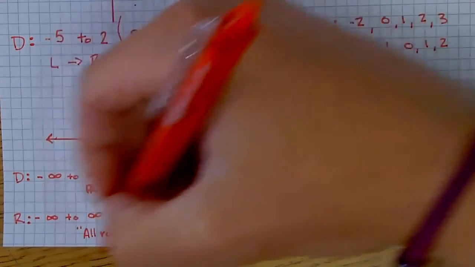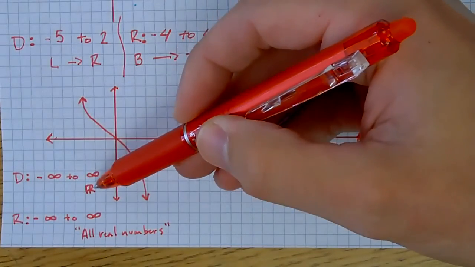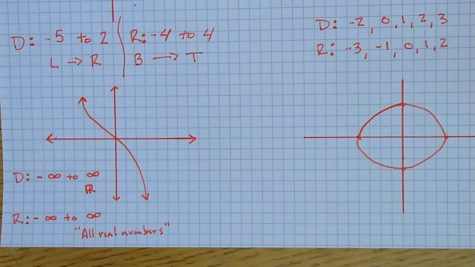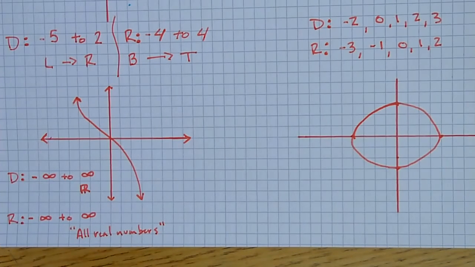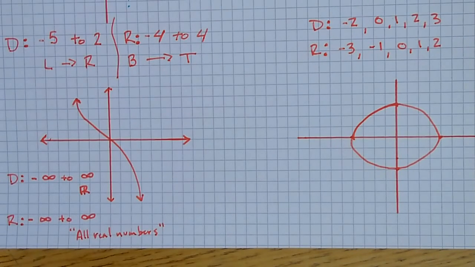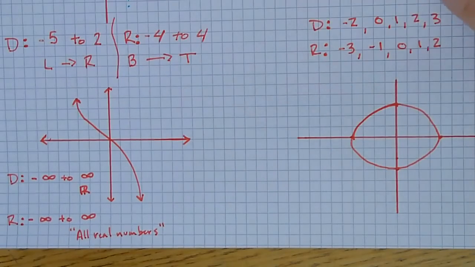Notice all these things over here on the bottom left-hand side, negative infinity to positive infinity, this symbol, and the phrase all real numbers, they all mean the same thing. So if you're ever asked what is domain and range and you're being given a cubic function like this, it should be easy points because it's just going to be negative infinity to infinity, all real numbers.